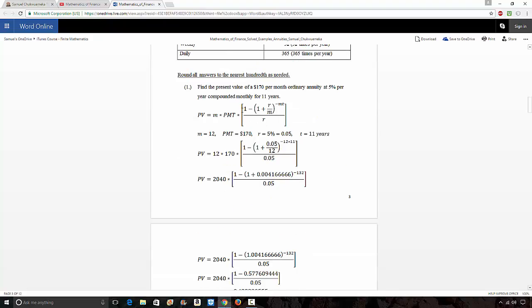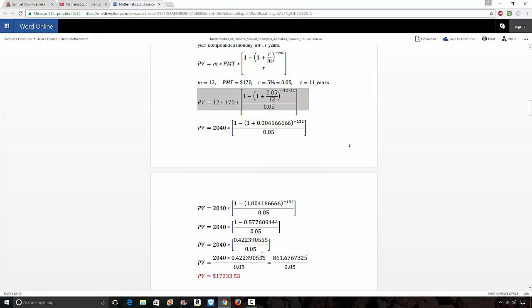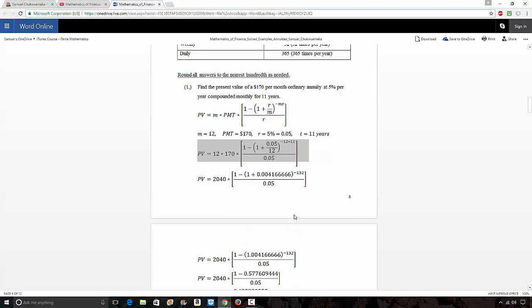Some of you still need help using the calculator to just compute this right away without having to go through all these steps. Now, I did all these steps to do the order of operations so that it will make sense to you. But some of you want to use your calculator and just know how to get from here to here. So I'm going to show you how to do that in this video.